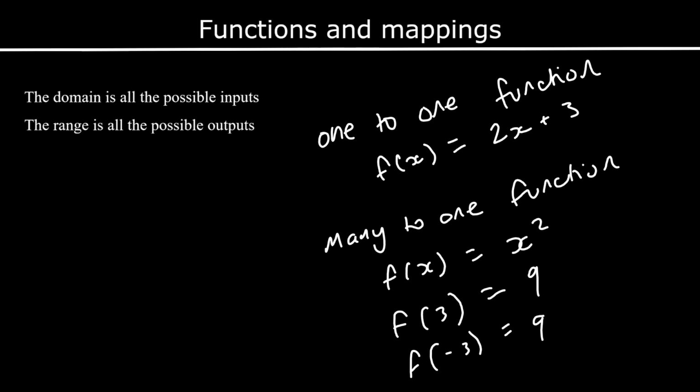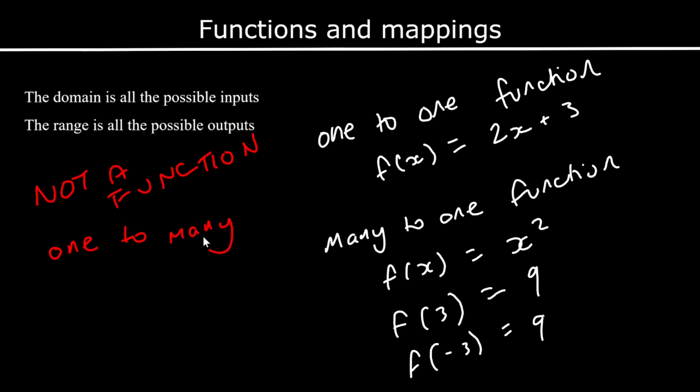Something that is not a function, so it is a mapping but not a function, is a one-to-many. So if it's one-to-many, it's not a function, and we can think of the square root, y equals square root x.